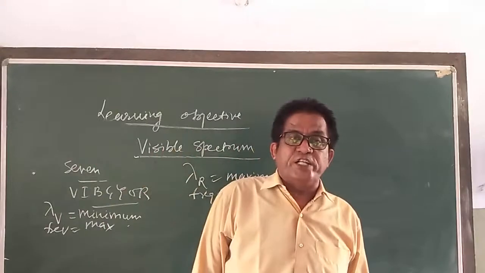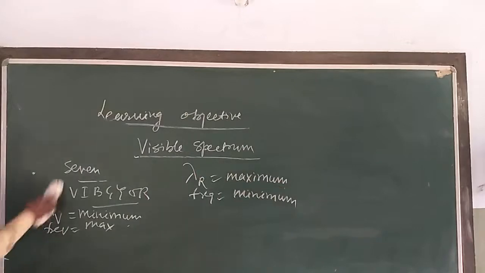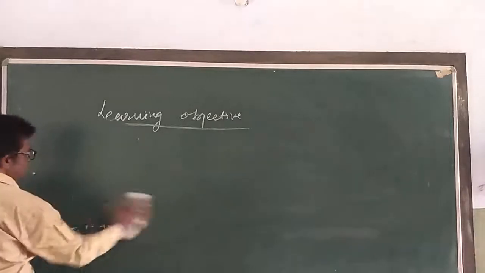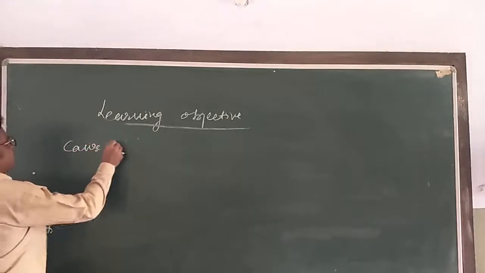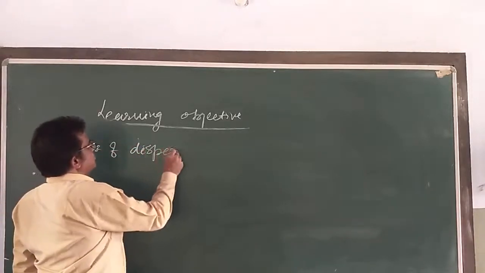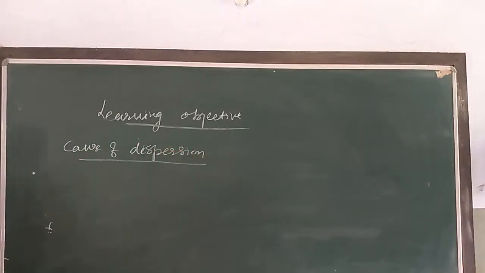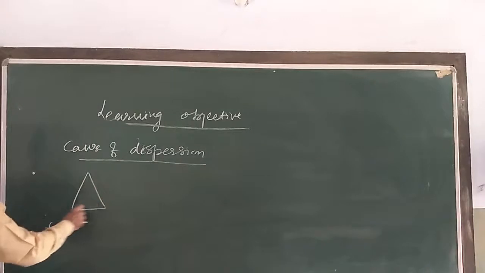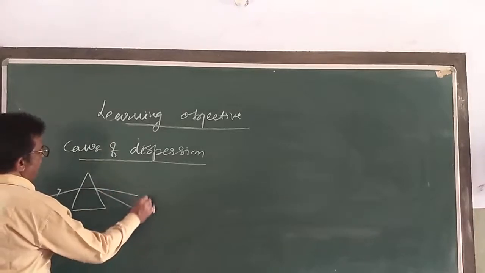Then what is the cause of dispersion? The cause of the dispersion: when a beam of white light is passed through the prism, it divides into the 7 colors, violet and red.